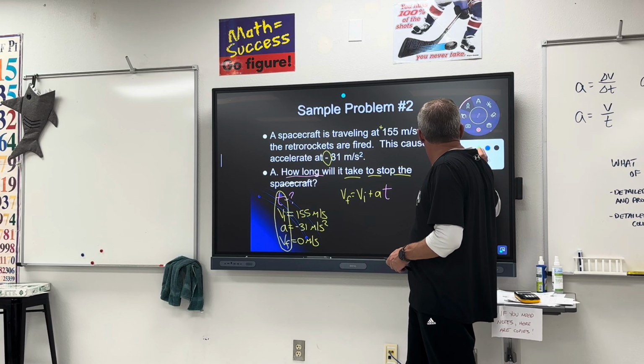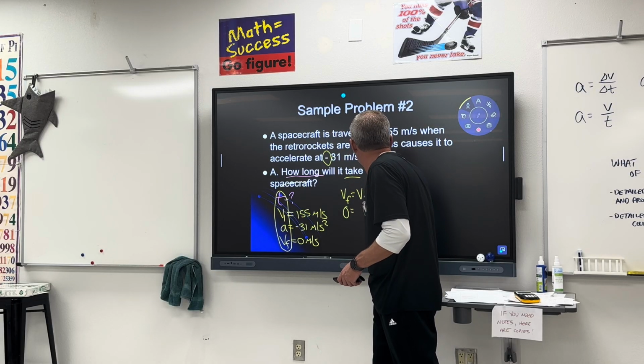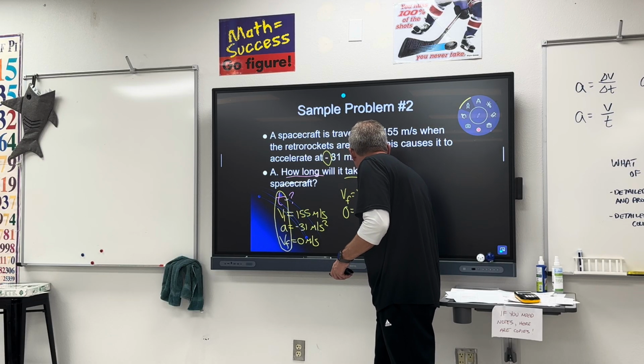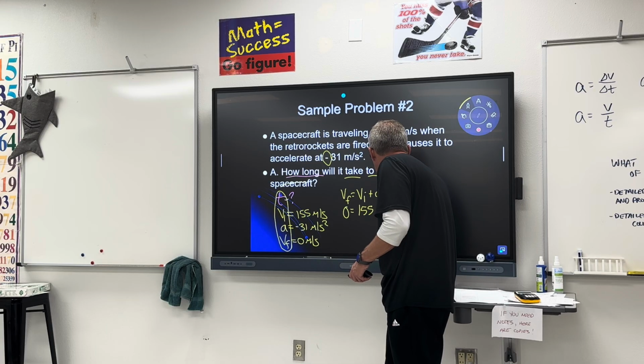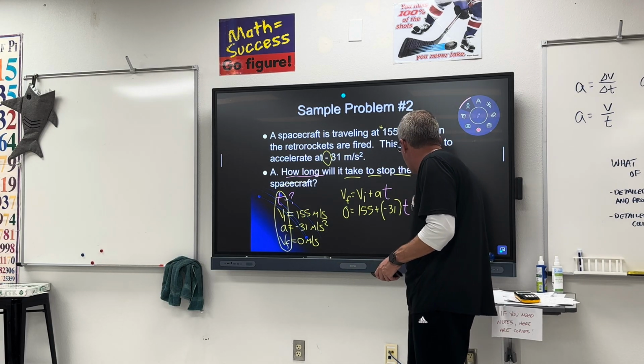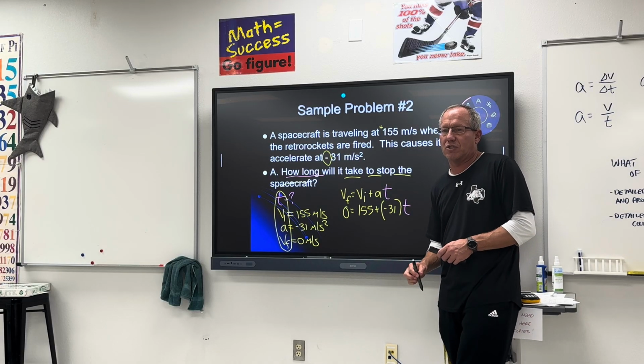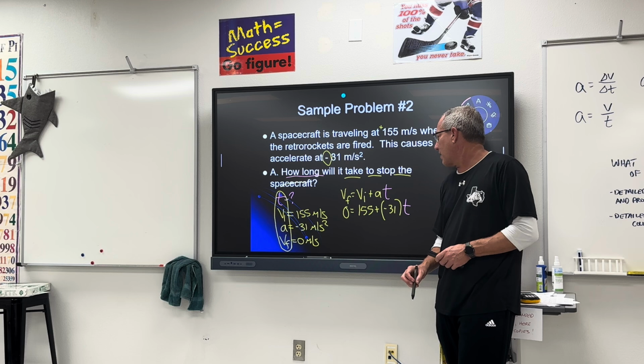So now we're going to plug this in. Final velocity is 0 equals initial velocity of 155 plus the acceleration of negative 31 times t, which is what we're solving here. Now the variable is not by itself, so we have to do some algebra here, don't we? What's my first move here?